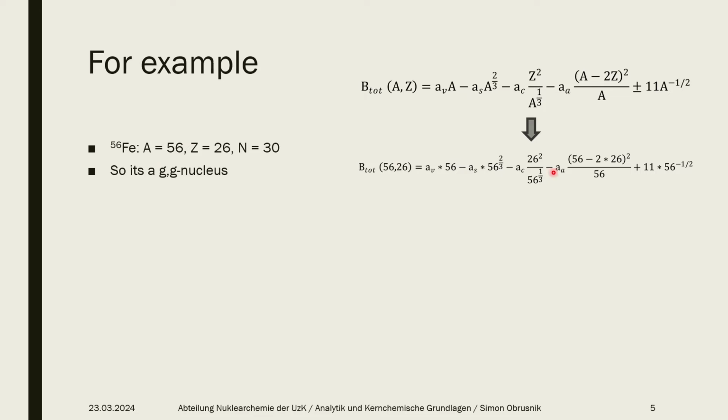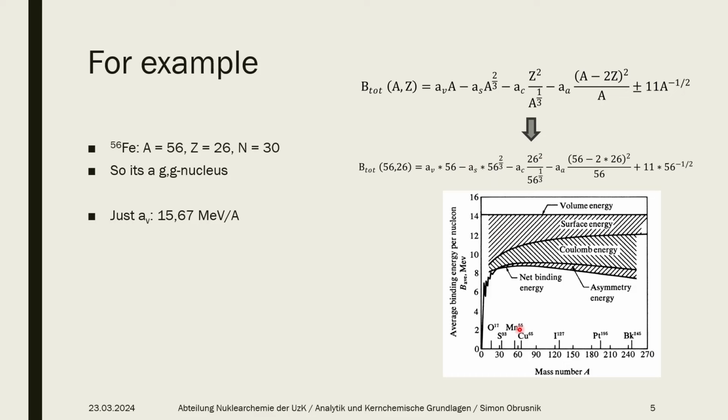All right, if we plug in those numbers and also these constants from Wikipedia, we could calculate the binding energy per nucleon or the total binding energy, depending on what you do, for iron 56. If we just pay attention to the first part, so the volume term, we get 15.67 mega electron volts per nucleon. If we pay attention to some more, you might want to use this picture.